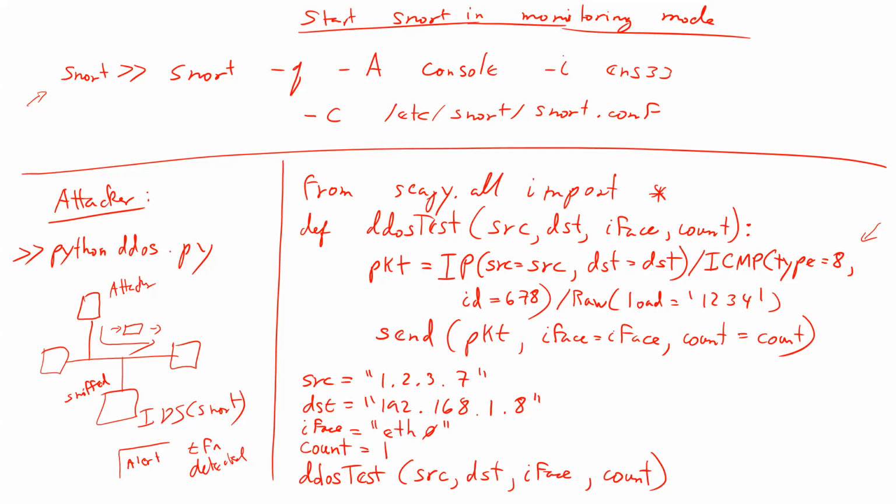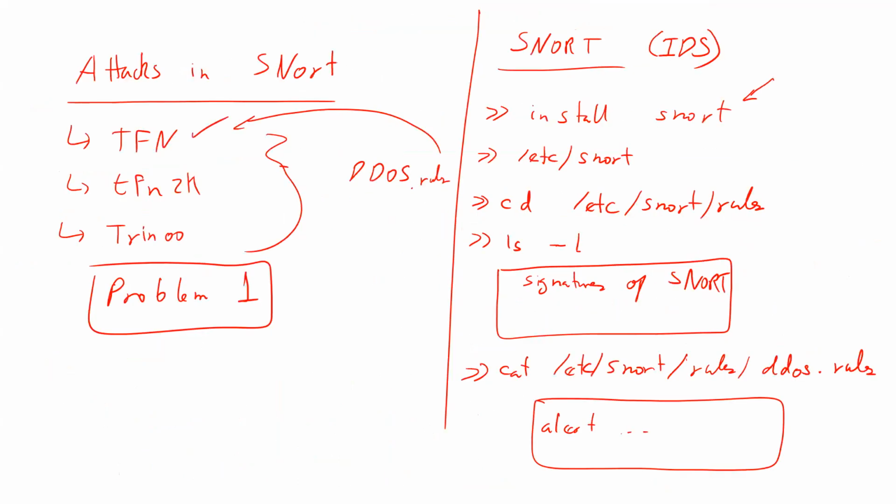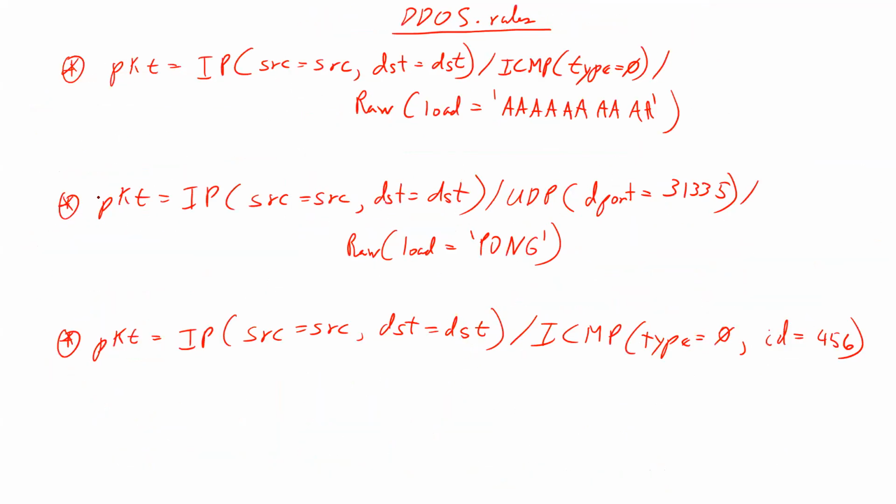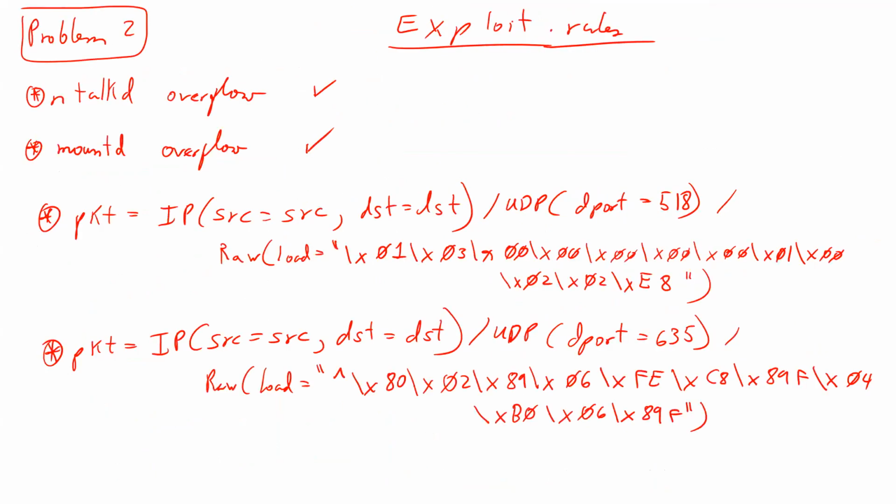For every attack, you need to generate an alert for TFN, TFN2, and TRIN00, and those are basically the first three packets. Then you repeat it for problem 2, NTalkD and MountD. That's why I wrote their names. When you run these packets with the Scapy code, it'll say alert NTalkD detected, MountD detected.